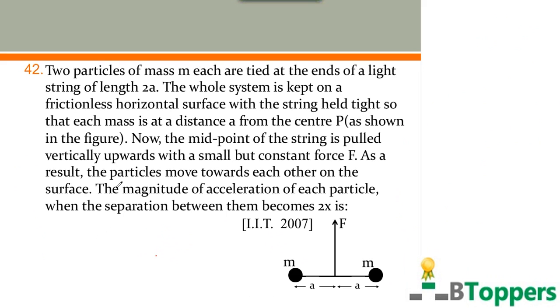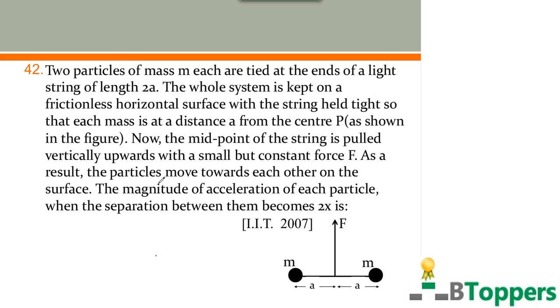So look at question number 42. Two particles of mass small m each are tied at the ends of a light string of length 2a. The whole system is kept on a frictionless horizontal surface with the string held tight so that each mass is at a distance small a from center P, as shown in the figure.